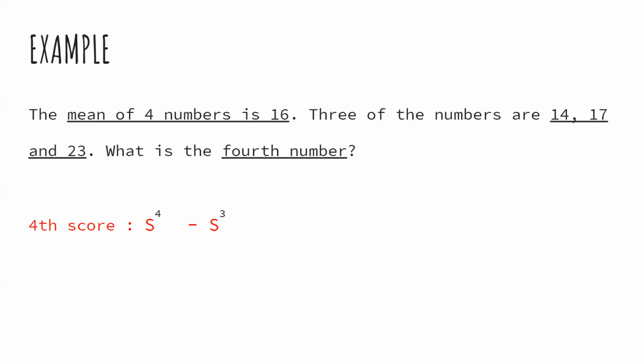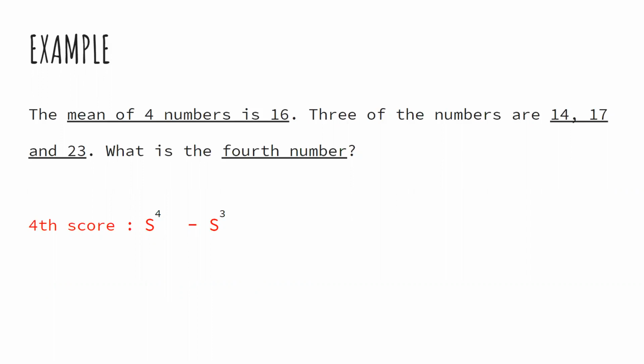So here's the formula for the 4th score. The sum of 4 numbers subtract the sum of 3 numbers. So do we know what those 4 numbers are? Did they tell us? No, they didn't. So how could we find the sum of the 4 numbers if we don't know what they are?